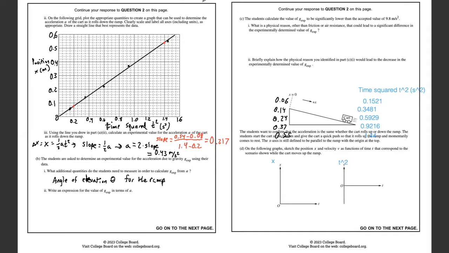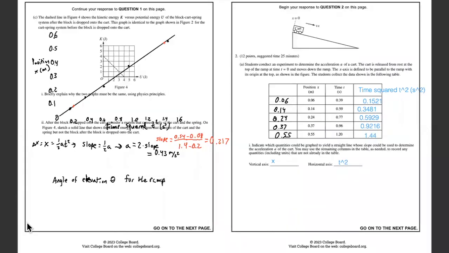All right. What is a physical reason that could lead to a significantly lower experimental value of g in this case? Well, we can't use friction or air resistance, which are the obvious choices. But if you were to start by giving the cart a little push up the ramp, right?